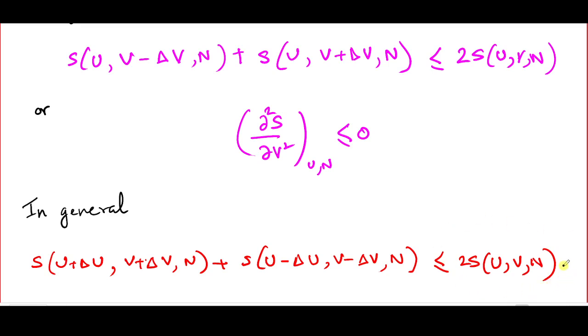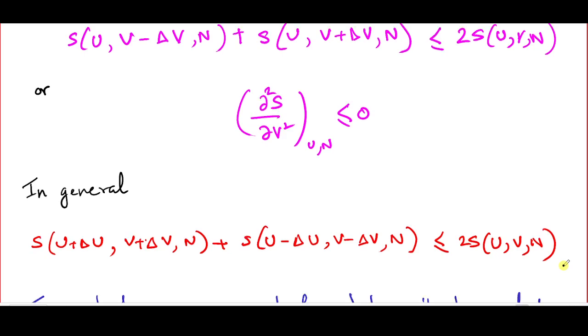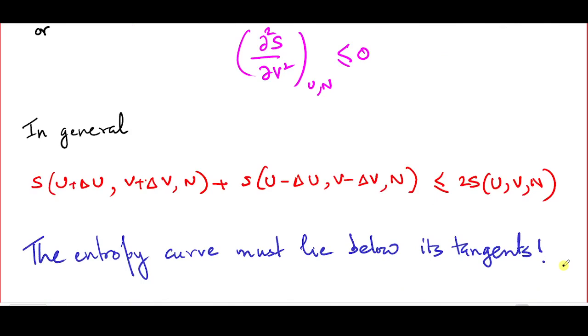So rather than talk about tangent lines or chords, straight line chords lying below the curve, what we really should say is the following: the entropy curve must lie below its tangents.